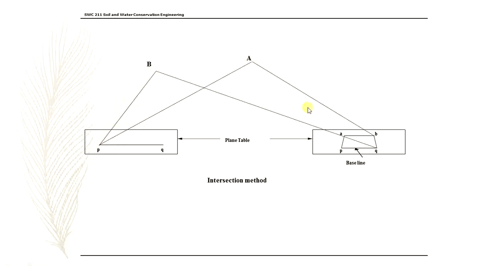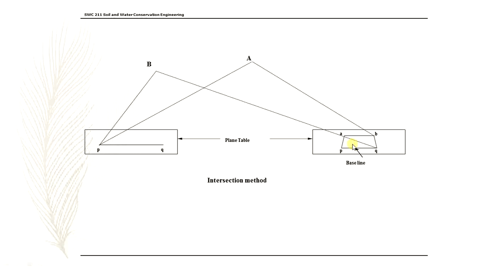After shifting the table to Q, we sight from Q to B and A, and they intersect each other. Where these lines intersect each other, that is nothing but the AB value.